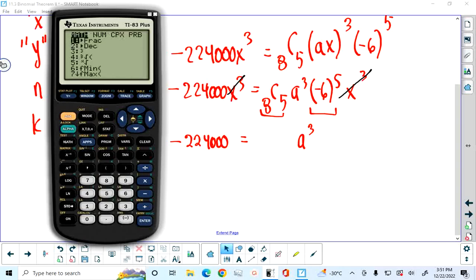All right, 8 choose 5. I don't really care what 8 choose 5 is. I'm just going to go ahead and multiply by negative 6, in brackets, raised to the 5. And I get negative 435,456.